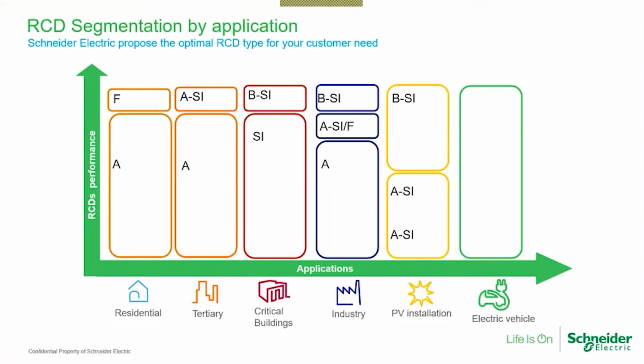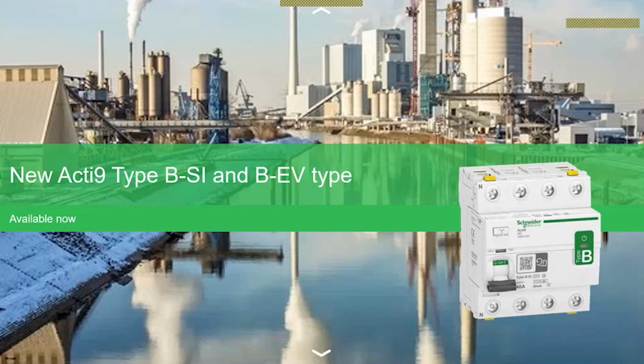Photovoltaic installations, again, ASI or BSI for three-phase. And we have the electric vehicle requirements: Mode 2 and Mode 3 chargers should be using Type B RCD protection.